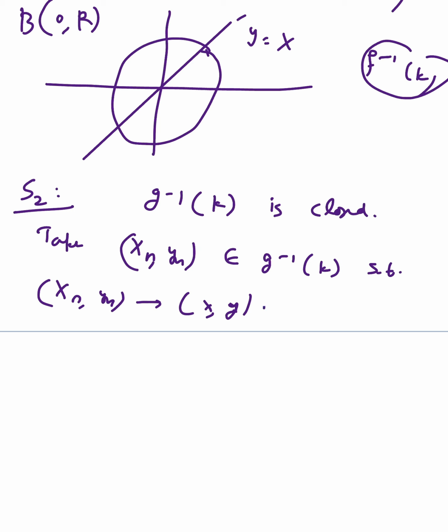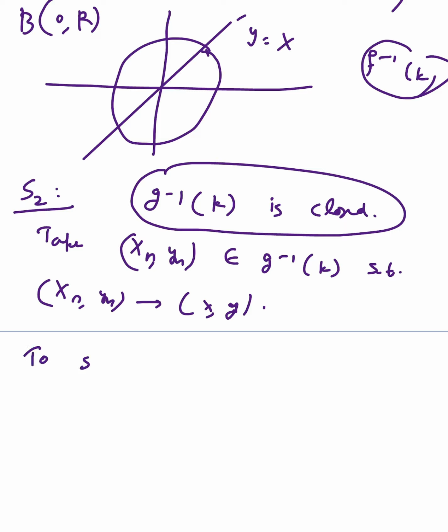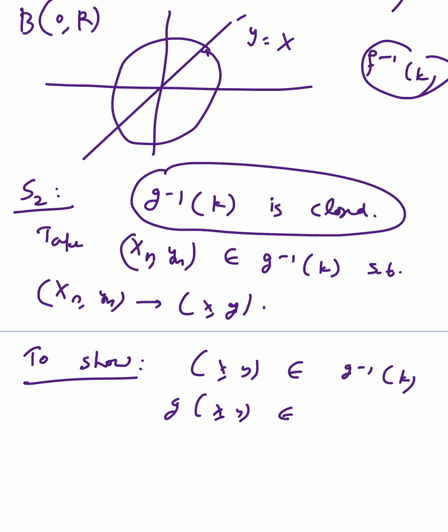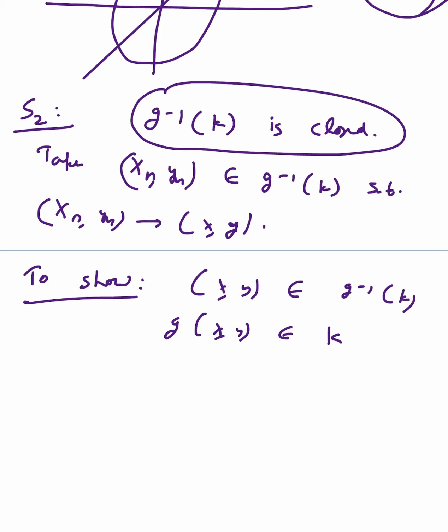Now, to show that g inverse K is closed, all we have to do is to show that this (x, y) lies inside g inverse of K. But what this means is that g of (x, y) is inside of K. That means twice of x squared plus y squared minus xy lies inside of K.